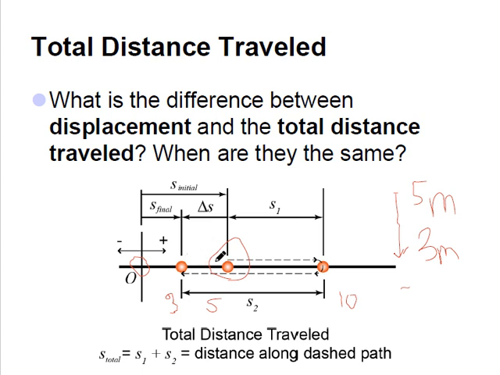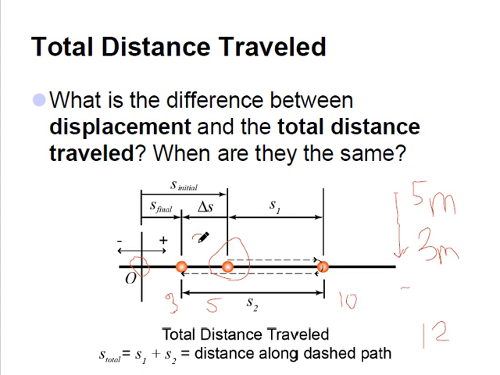But when you think about the total distance traveled, because you have taken an extra path, it's not only 2. You have gone from here to here, so that's another 5 meters. So 5 you go, and then you go 5 more, and then you have 2 more. So altogether 5, 5, 10, and 2, 12 meters total distance traveled.